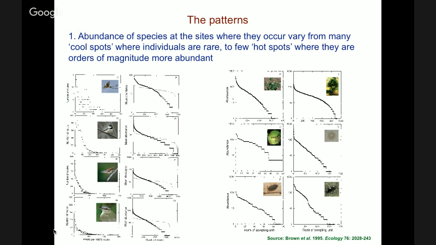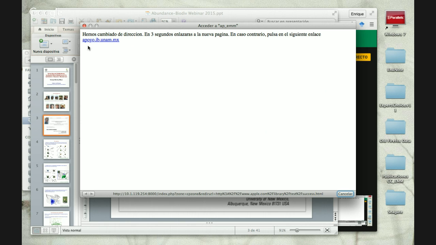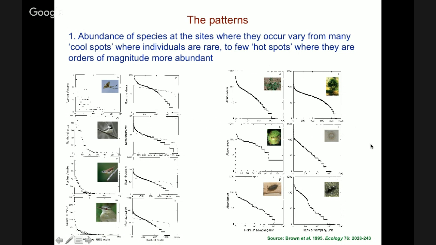In the first place, he observed that for all species that he analyzed, and from other species that he didn't personally analyze but for which he looked at the information, in most of the places where species occur, the number of individuals is low. There are low densities, and very few sites have orders of magnitude more individuals. And this is a very general pattern from vertebrates to plants to microorganisms.